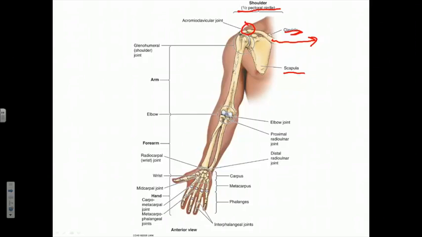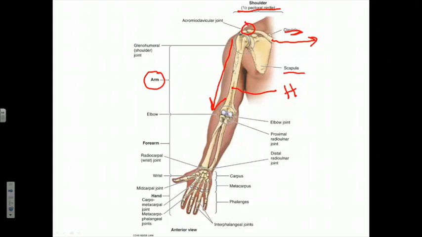Then, moving down the upper limb, the next part begins at the shoulder, which is formed by a structure known as the glenohumeral or shoulder joint. The major bone articulating at that joint is the humerus.